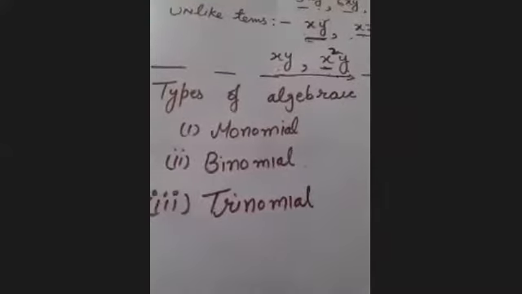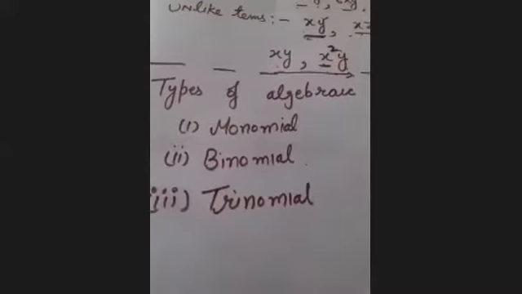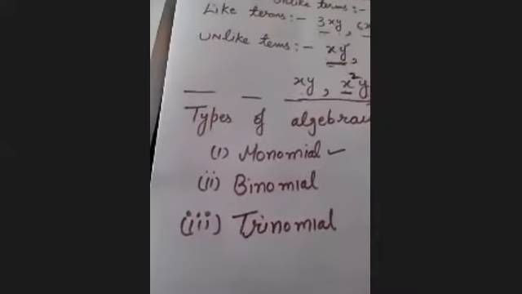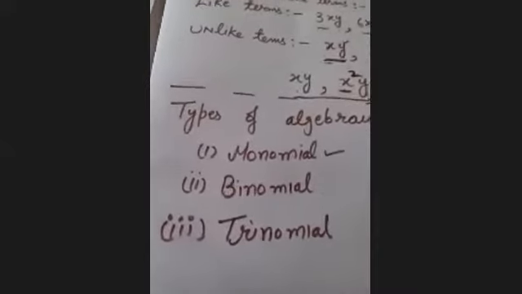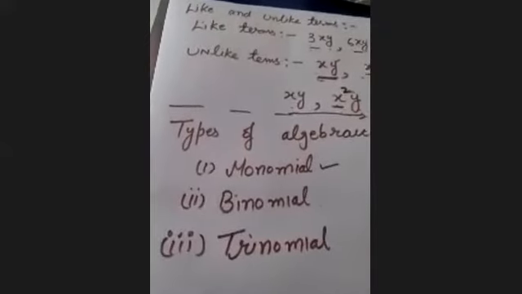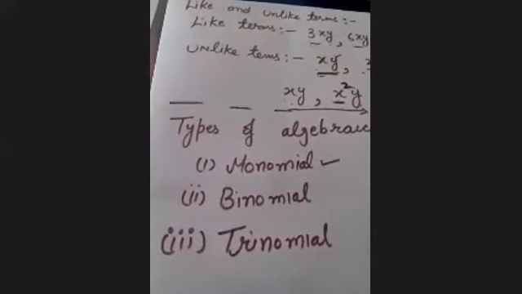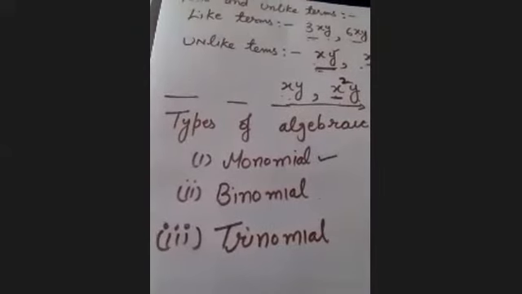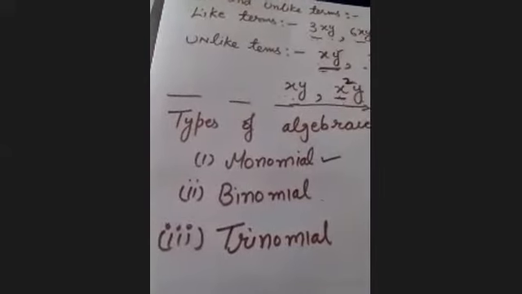First are monomials. An algebraic expression having only one term. So what are monomials? An algebraic expression having only one term. Then these types of expressions are monomials.